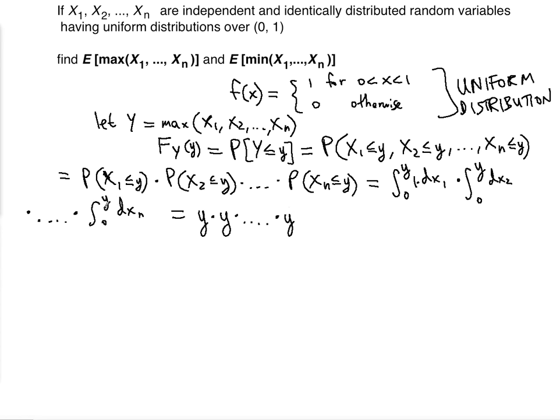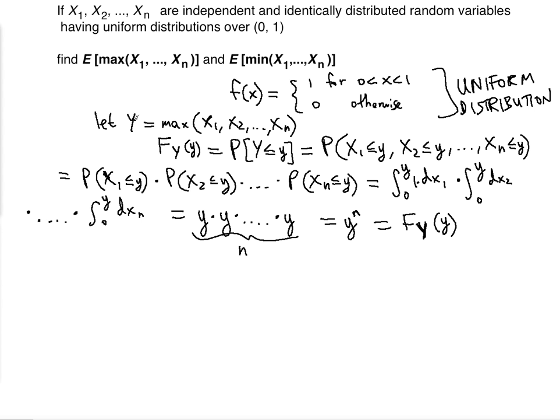This is the antiderivative that you get from each integral. How many y's are there? N of them. And since you get n y's, you raise y to the nth power. So this is equal to the CDF, the cumulative distribution function of Y. But we actually need the probability density function, because we're going to be finding the expected value.